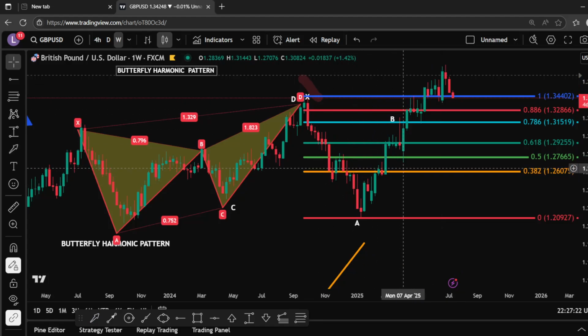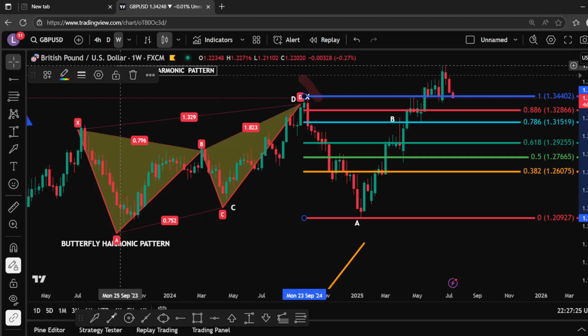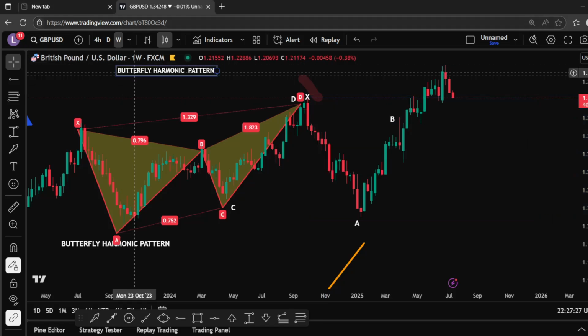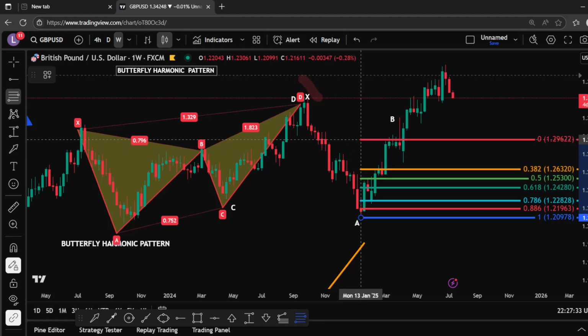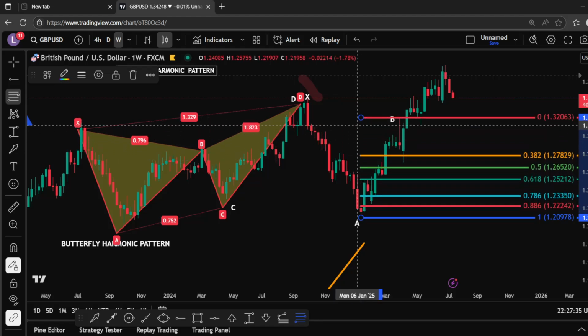So what we then do to identify the C leg is we grab the FIB retracement, we measure from A to B where it's ended.